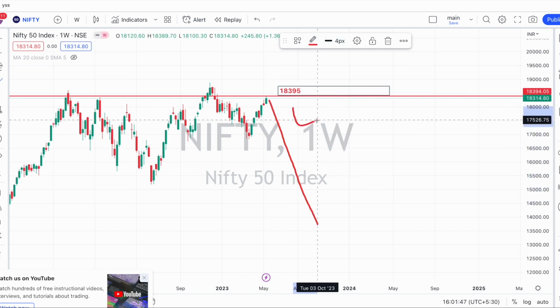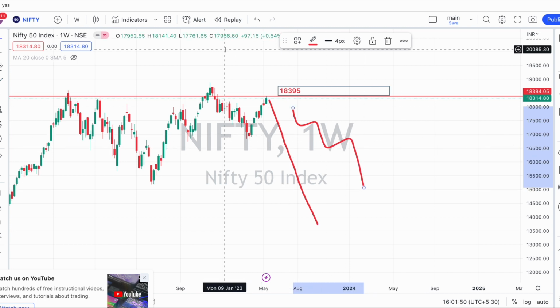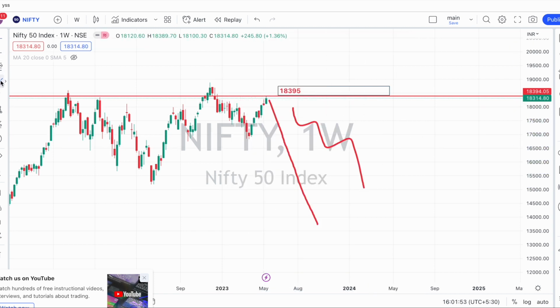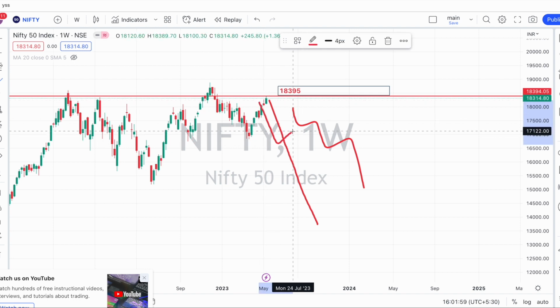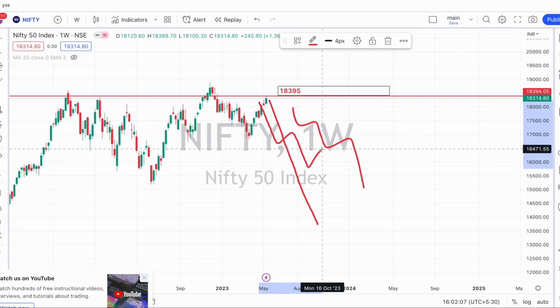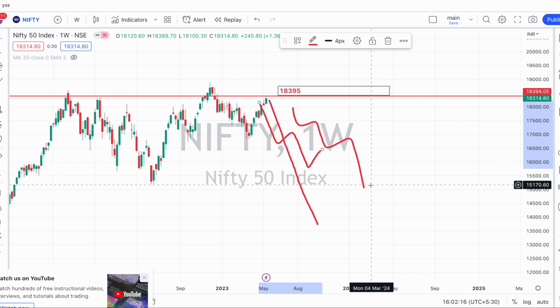If you see any price action with strong down moves followed by a weak buying move, followed by a strong selling move, followed by a weak buying move, we are going to reverse our positions and go on the short side. So this is how we are going to identify the direction of the market.